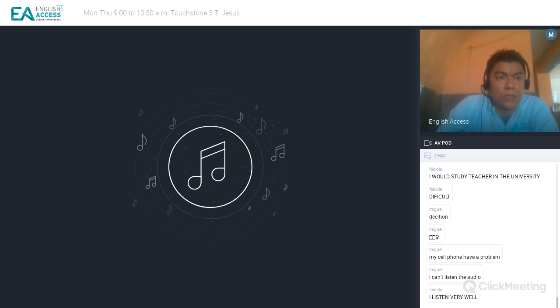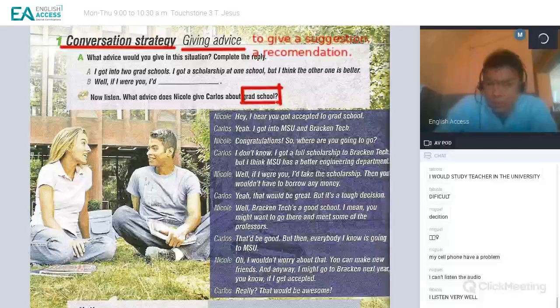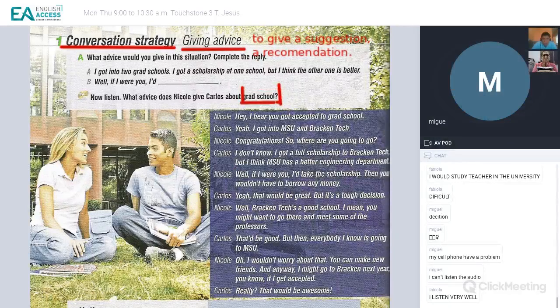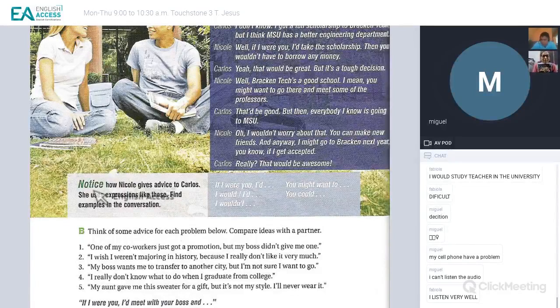Well, let's check some other things. Let's go back to the book. So here in the book, we have the conversation design. Hi, Lauren. And let's go for the notice section. Notice how Nicole gives advice to Carlos. She uses expressions like these.